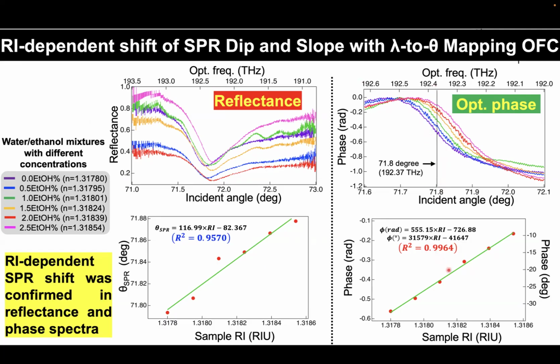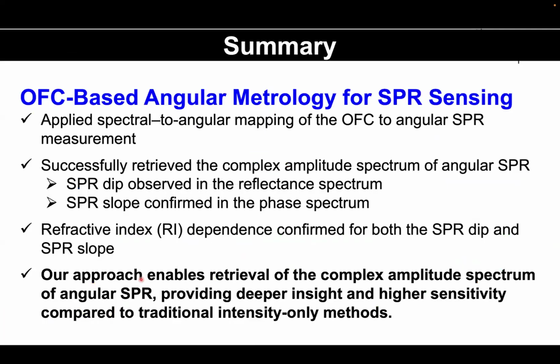The resulting red plot is extracted from this phase difference calculation. We compare it with the reflectance spectrum, and the phase spectrum shows a better linear relationship. So in this way, the RI-dependent SPR shift was confirmed in the reflectance and the phase spectra.